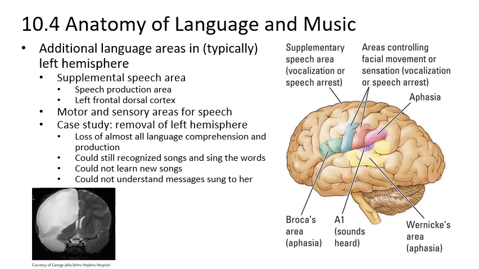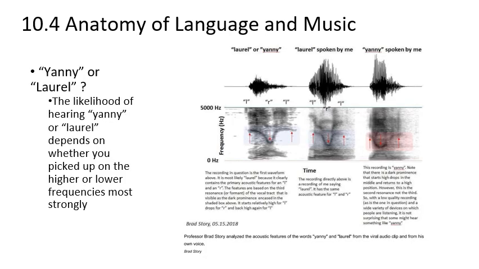The next two slides cover a recent pop culture phenomenon that's related to this chapter, and it's the infamous Yanny versus Laurel debate. There was an audio file that appeared online that amazingly some people were certain said Laurel and some people were certain said Yanny, and it created this debate between the Yanny hearers and the Laurel hearers.